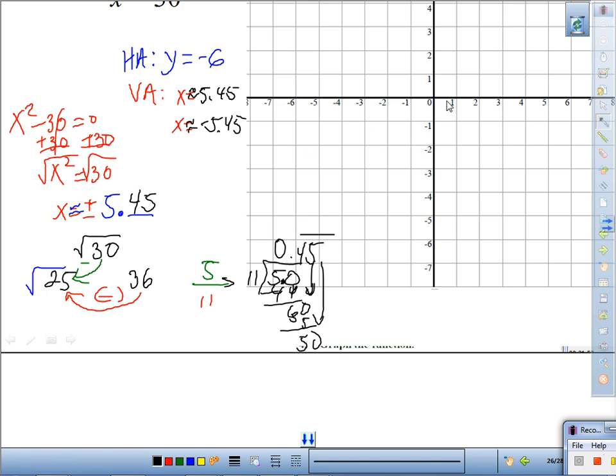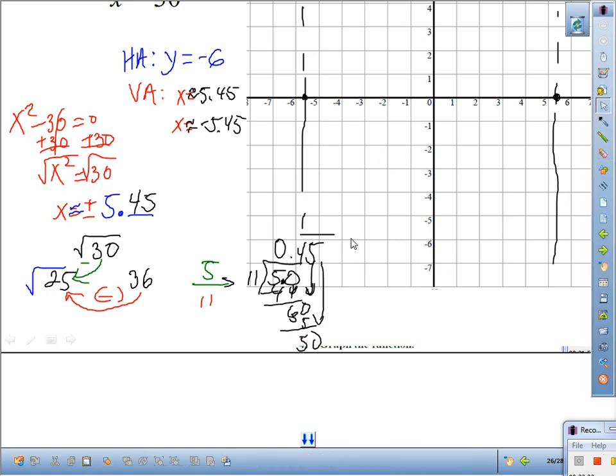All right, so 5.5 or 5.45 is about right there. Negative 5.5 or 5.45 is approximately there. Negative 6, oh, let me move this out of the way.